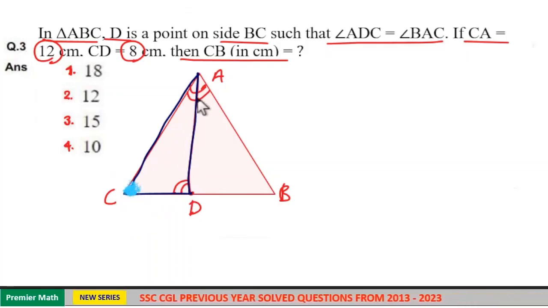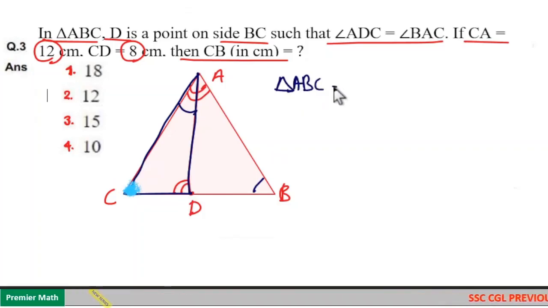Angle C is common, and angle A in the larger triangle and angle ADC in the smaller triangle are equal. That is, two angles are equal means the remaining third angle is also equal. The remaining angle in the larger triangle is angle B and the remaining angle in the smaller triangle is angle DAC. Now three angles are equal means these triangles are similar.